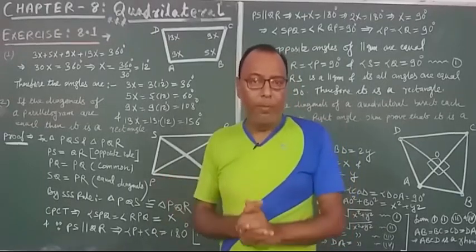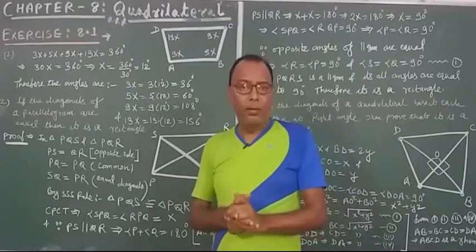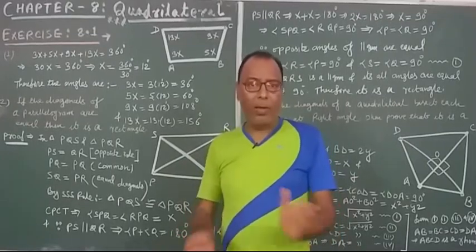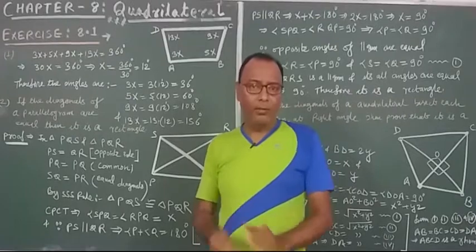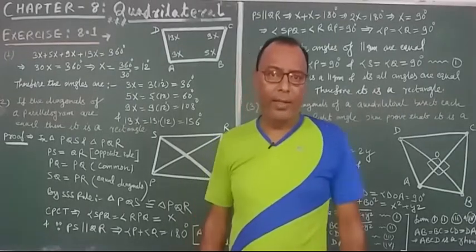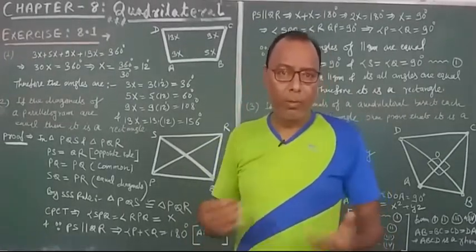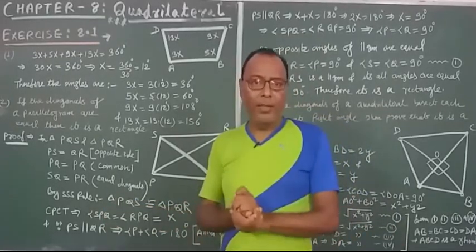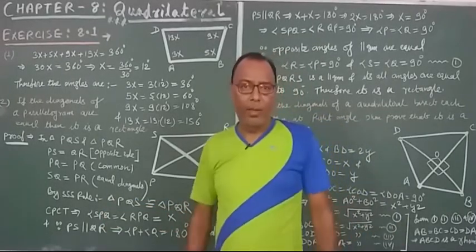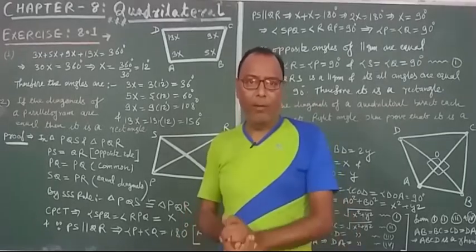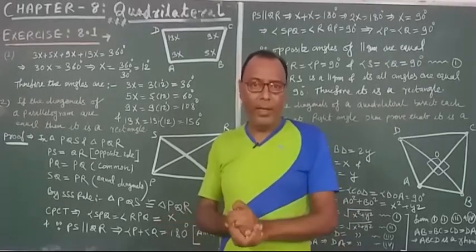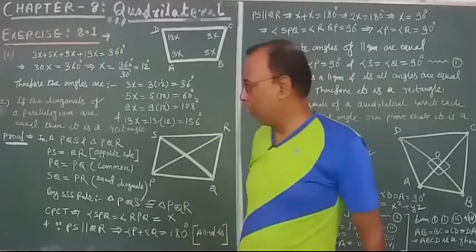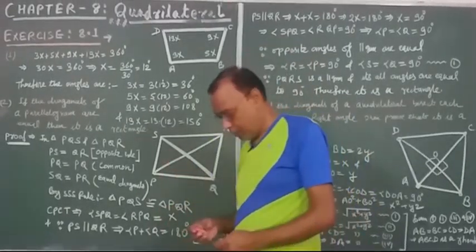We know that a rectangle is a parallelogram if all its angles are 90 degrees. So what should we prove here? That the angles of the given parallelogram are 90 degrees. When the angles of the parallelogram are 90 degrees, then it will be a rectangle.